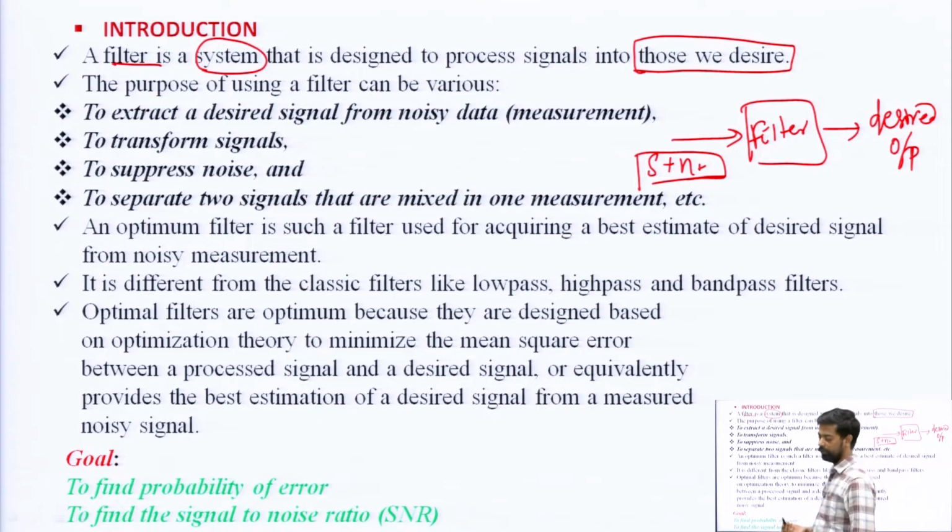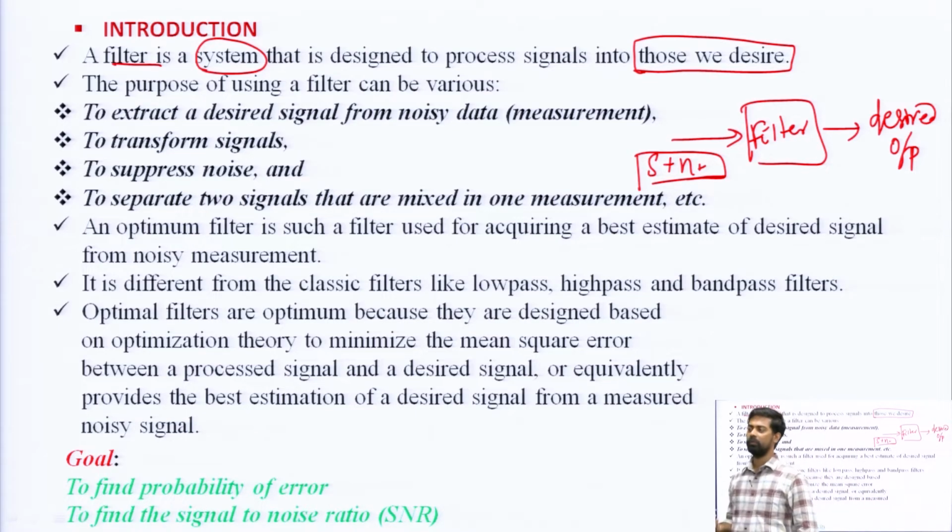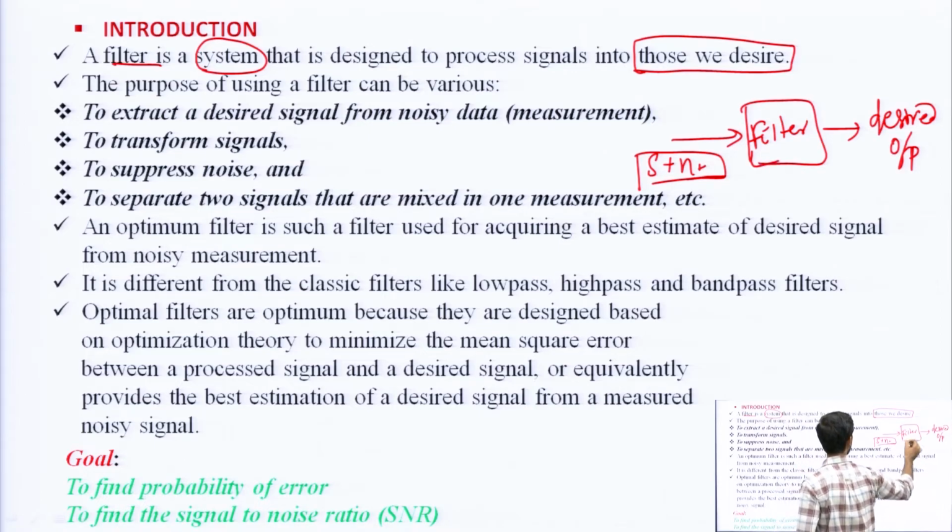Generally the signal information is desired and the noise is the undesired part. In the filter the noise is suppressed, and only the desired output comes out.